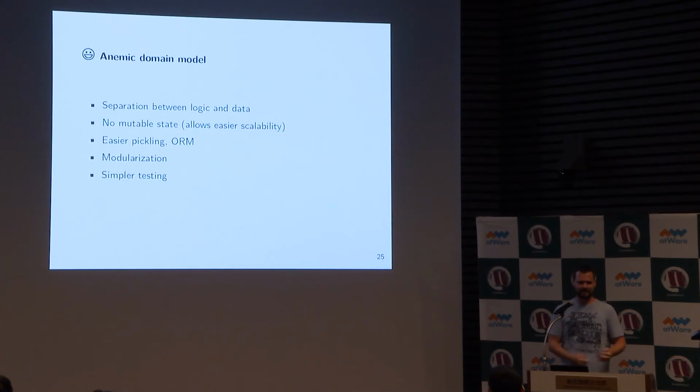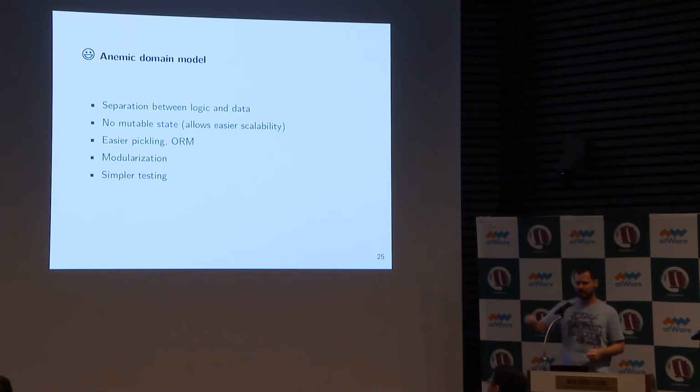Thanks to that, we cannot have a mutable state in our domain, which means that all our objects are immutable. You probably know all the advantages. You can more easily parallelize or scale. It's easier to convert between different formats. If you have an anemic domain model, which means just an object without any logic, you can easily convert it to JSON and back.